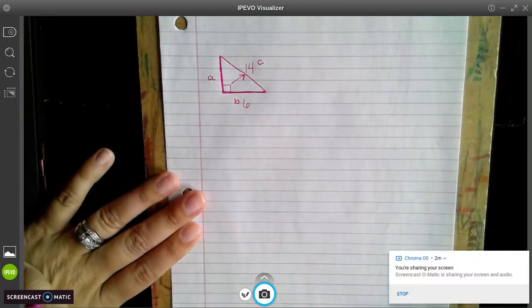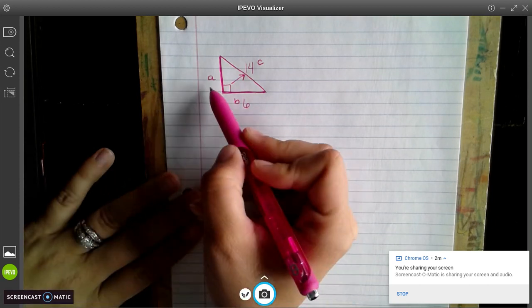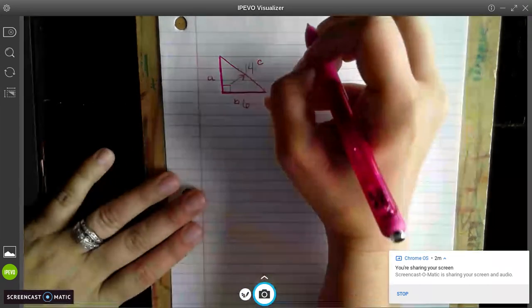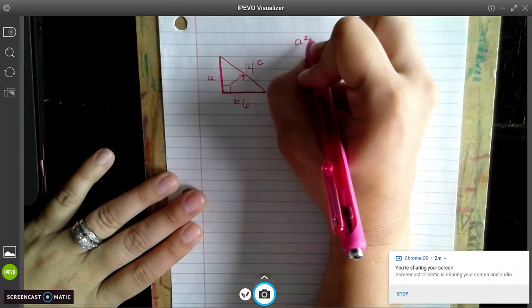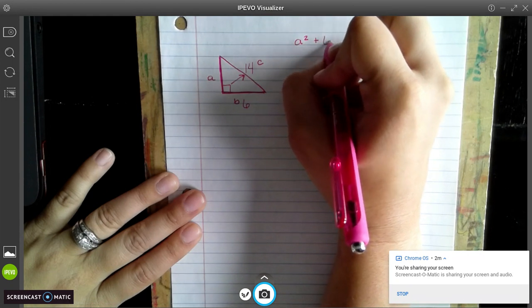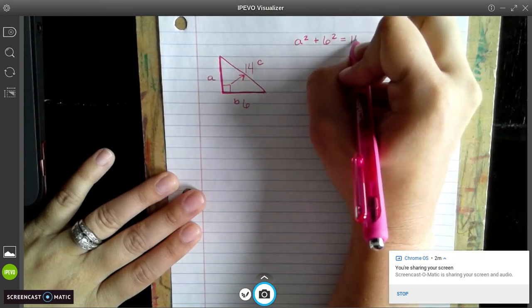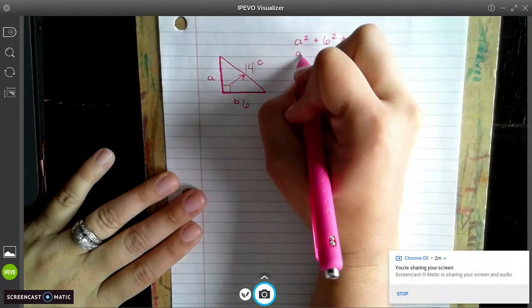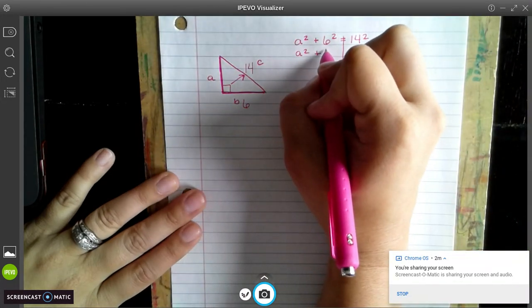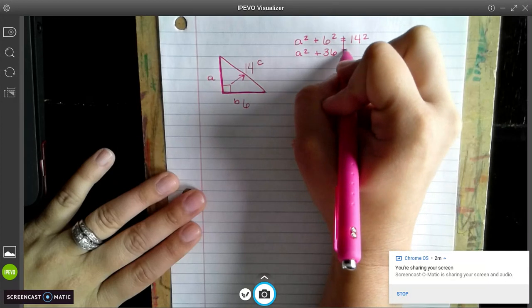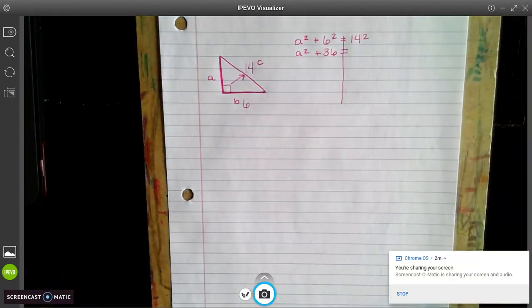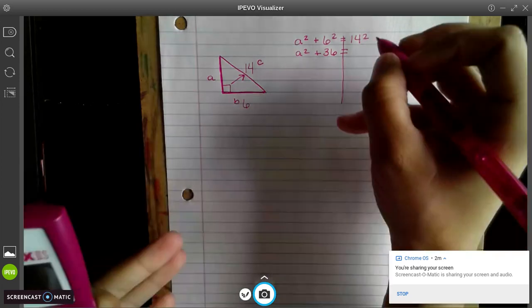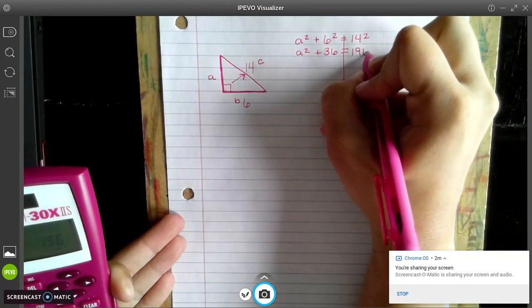So once you have the triangle labeled, you can see that we're going to be finding a leg in this problem. So we have A squared plus 6 squared is equal to 14 squared. 6 squared is 6 times 6, which is 36. 14 squared, 14 times 14 is 196.